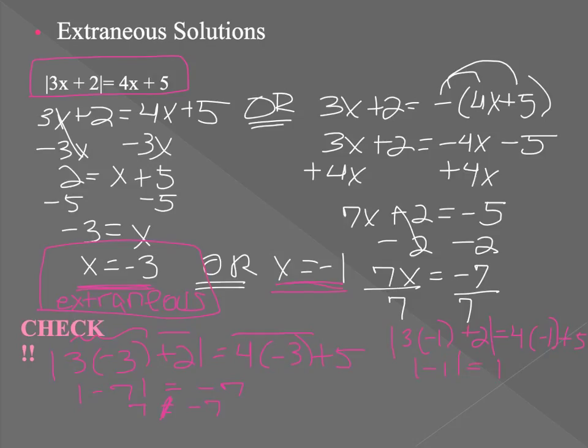Well, the absolute value of negative 1 is 1, so this one works. So x equals negative 1 is the only solution. This is extraneous. It will ask you to label it as extraneous, but x equals negative 1 is the only valid answer here.